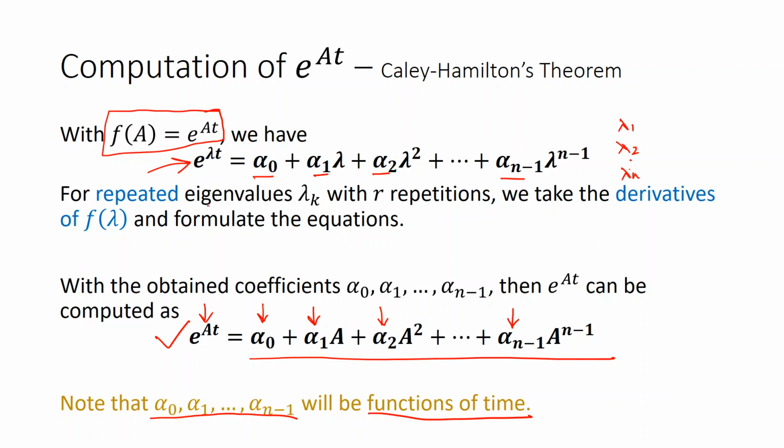So in case of repeated eigenvalues, what we do, we take derivatives of f lambda. So if you have n number of repetitions, you have to take n number of derivatives of f lambda. So this is f lambda.